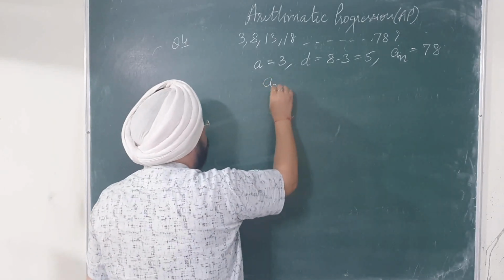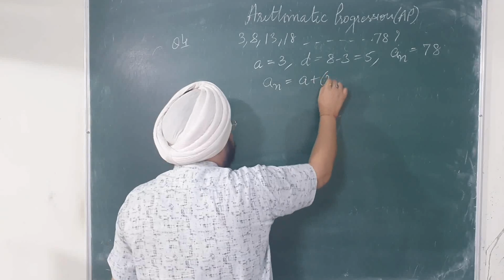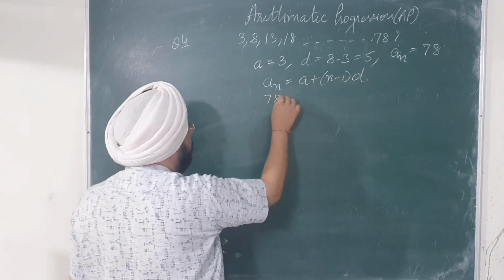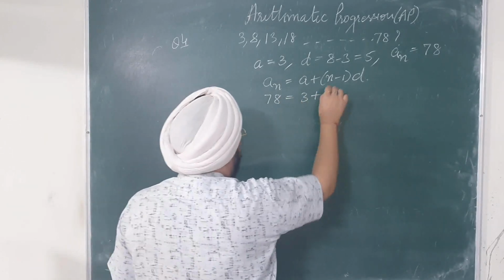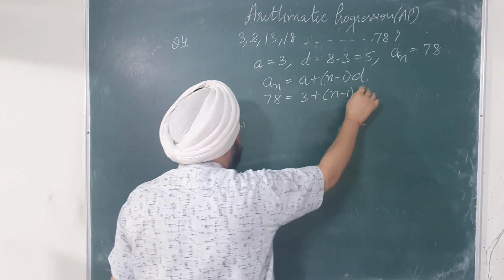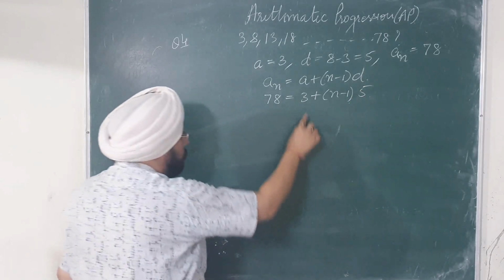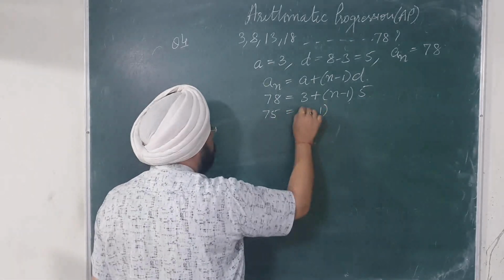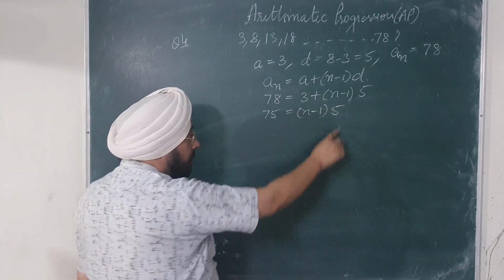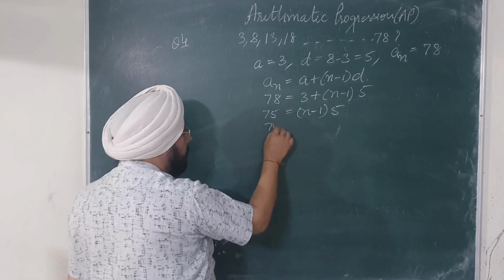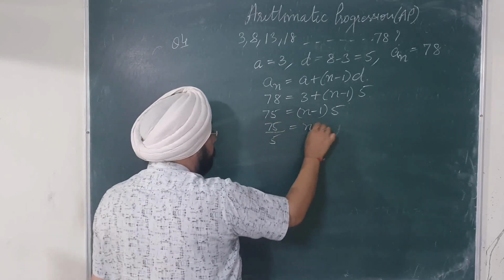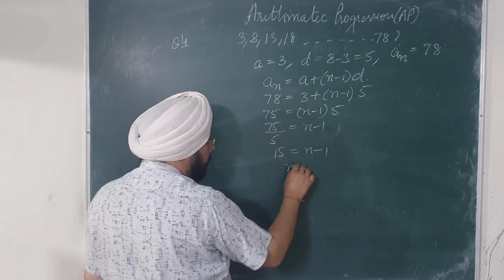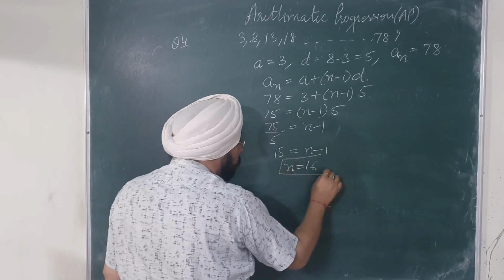Now apply this formula: an is equal to a plus n minus 1 into d. Substitute the values: 78, 3, n we have to calculate, and d is 5. So subtract 3 from 78, we get n minus 1 into 5. Bring this 5 to this side, we get 75 upon 5. We get 15, and bring the minus 1 to this side.